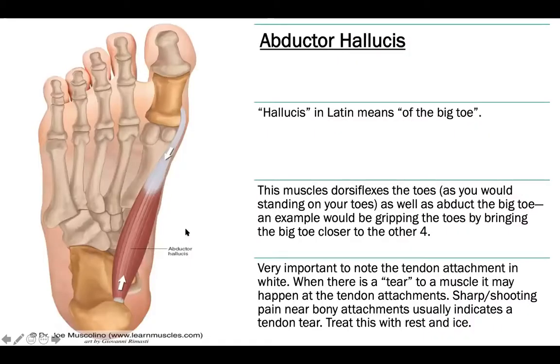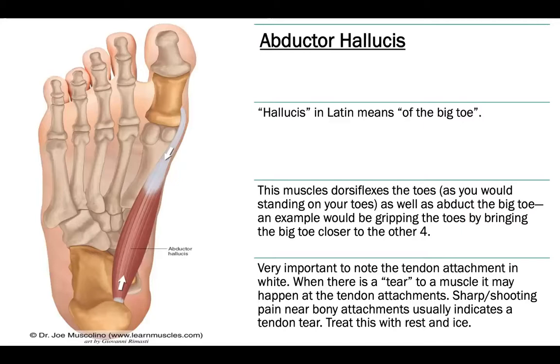I'm just going to go over this muscle really quickly. This is the most superficial muscle. It's like when you touch the arch of your foot, your finger is on this muscle, and it's called the abductor hallucis. Hallucis means of the big toe in Latin, and that's because this muscle is responsible for dorsiflexing the toe.